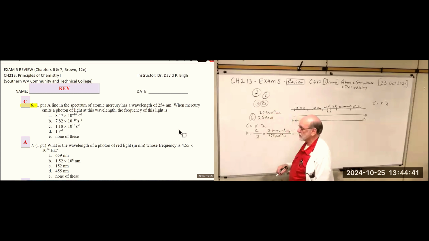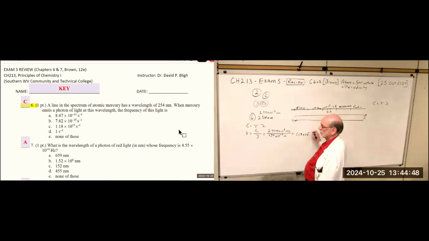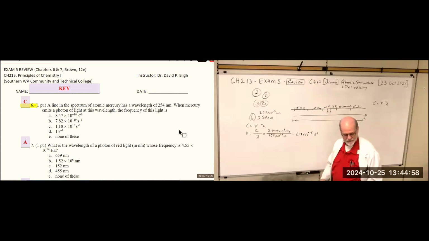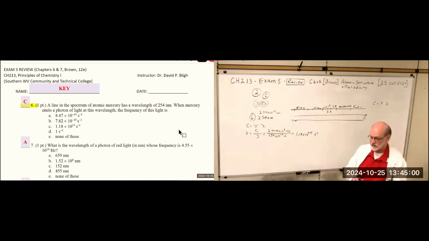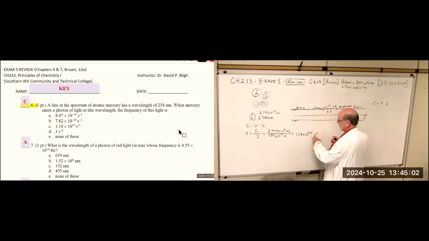And if we do our calculations correctly, we should come out with 1.18 times 10 to the minus 15. No, 10 plus 15 reciprocal seconds or hertz. It's another unit of measure, which is exactly the same numerically as reciprocal seconds.